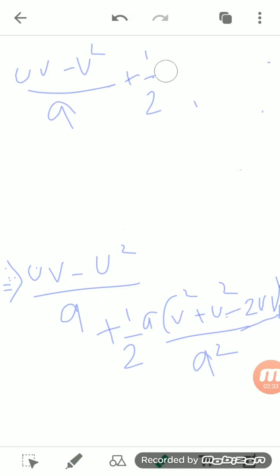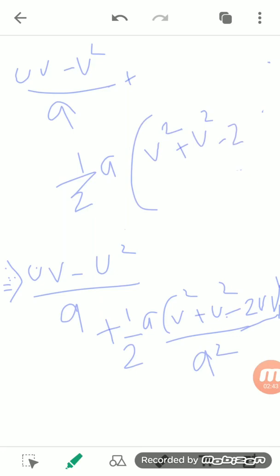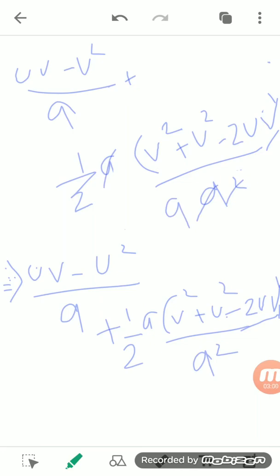or you can write it like this, half a (v square plus u square minus 2uv) upon a square. Okay, so if we are keeping only these things in the bracket, this a and a square will cancel each other, and here only a will be left behind.